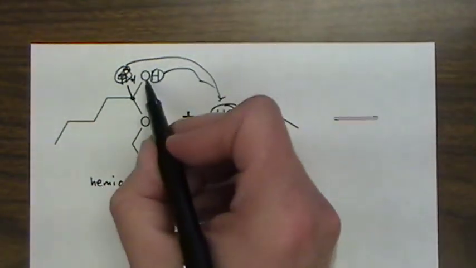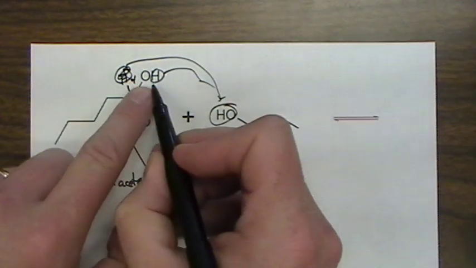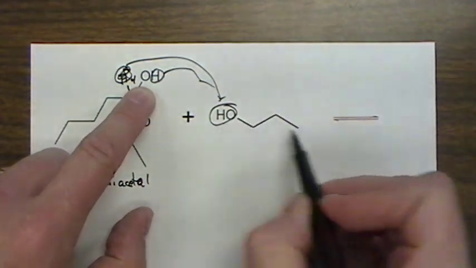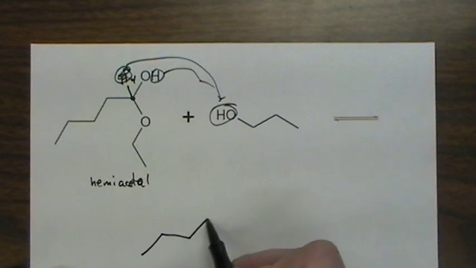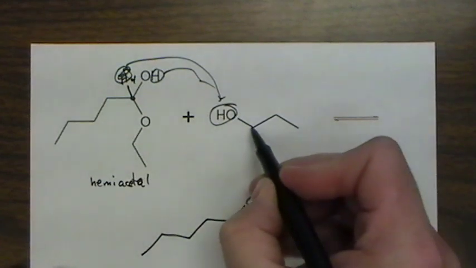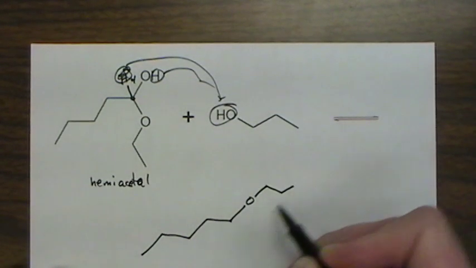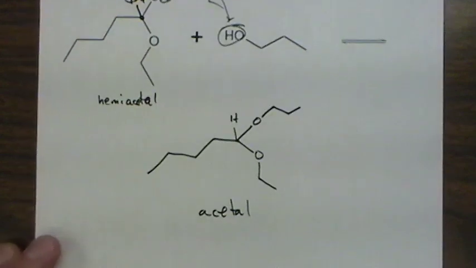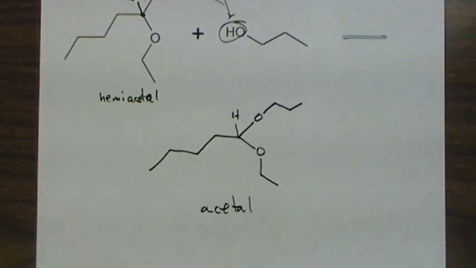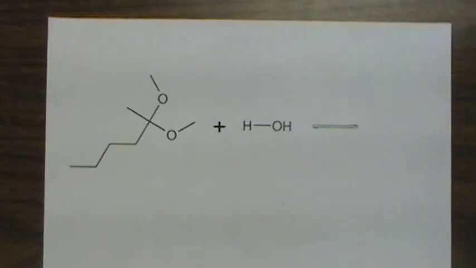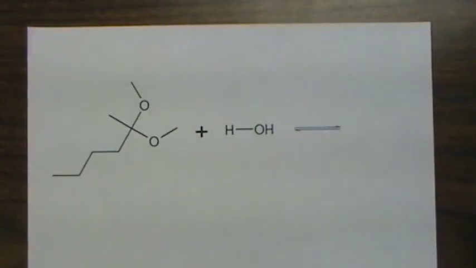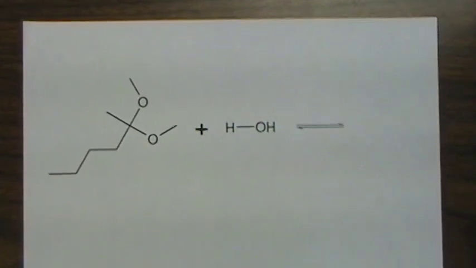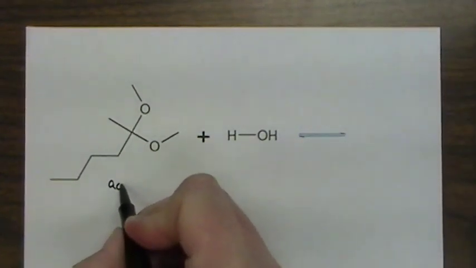Those go off, and that hydroxy group becomes an alkoxy group. So 1, 2, 3. That hydrogen is still there, and we complete our acetal group. You might have heard it called a ketal as well. Hemiacetal, acetal, either way. And this is an acetal group.